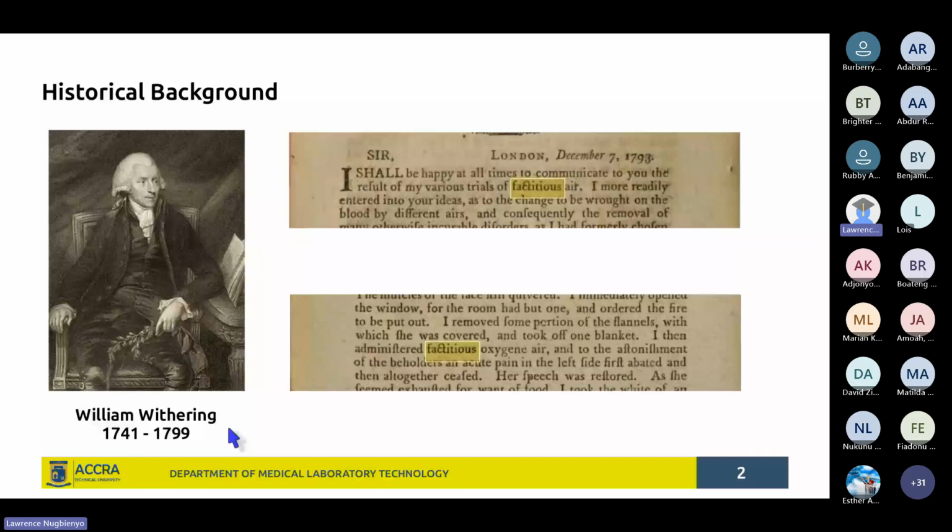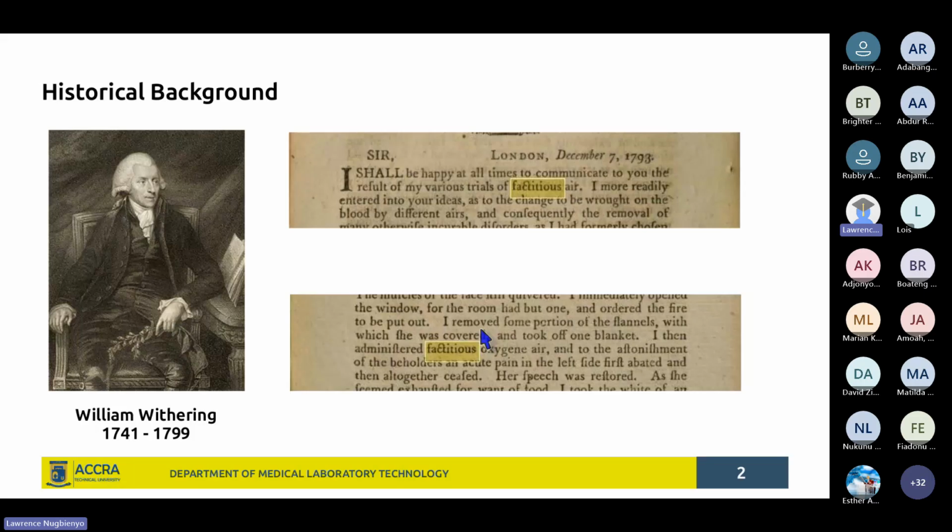And in his communications with some of his colleagues, he referred to what is called factitious air, and he noticed the interaction of factitious air with blood. Factitious air, actually, in those times, they referred to artificial air as factitious air. So if you see factitious air, it only means artificial air.